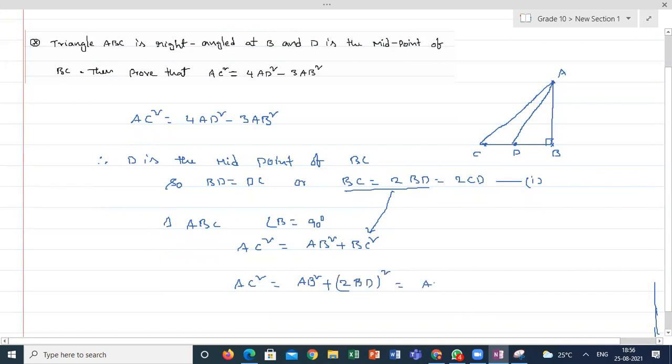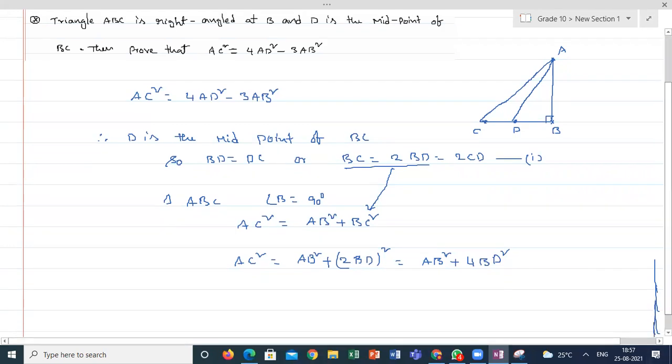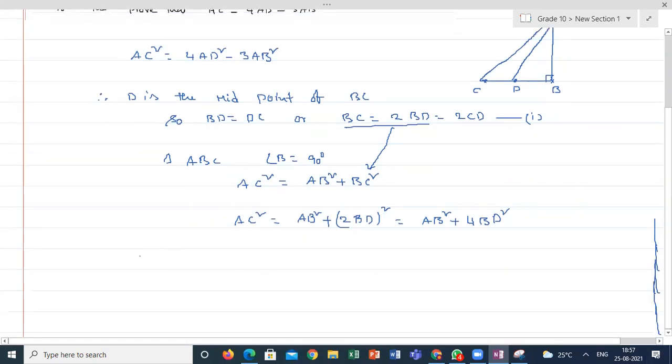This will be AB square plus 4 times BD square. So my AC square can be written as AB square plus 4BD square. Now BD square can be written in terms of AD and AB.